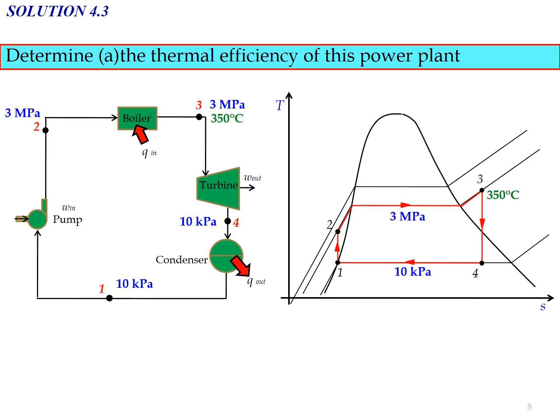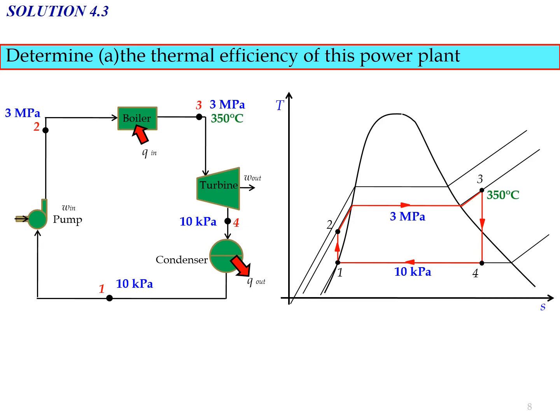So we have 2 constant pressure lines: we draw the constant pressure line of 10 kilopascal and also the constant pressure line of 3 megapascal. And state number 3 is at 350 degrees Celsius. For the ideal Rankine cycle, we know that state number 1 will be at saturated liquid, state number 2 will be at compressed liquid, and the process will be isentropic for the compression in the pump.